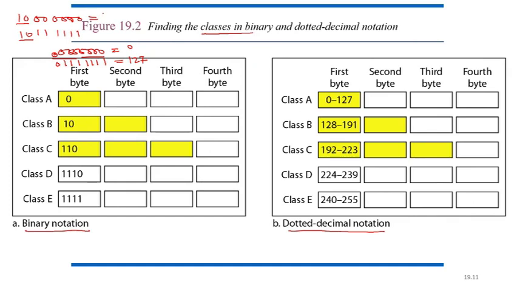Then all zeros means it is equivalent to 128, and this will be equivalent to 128 plus this number. So 128 plus this, like 64, if we add it, its equivalent will be 191 here.